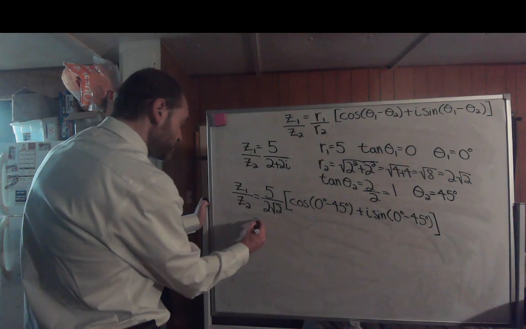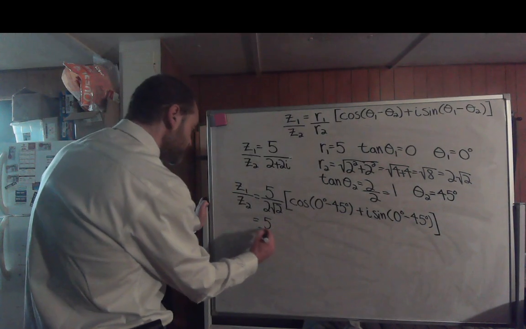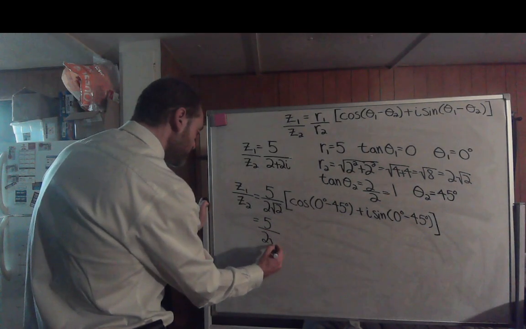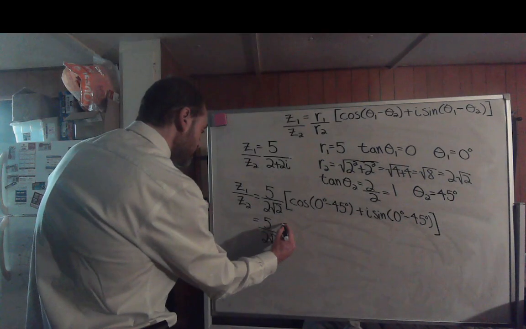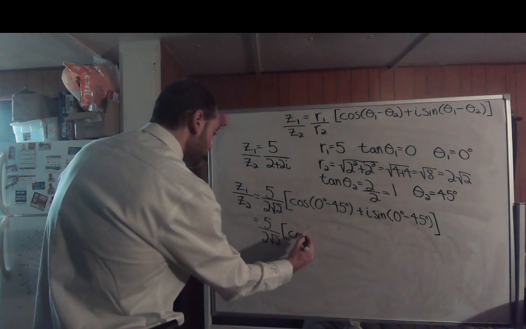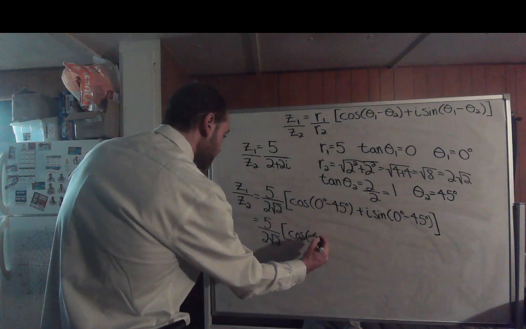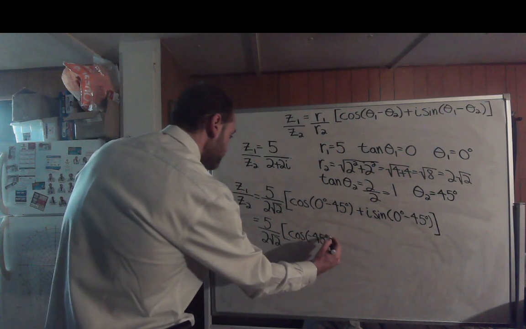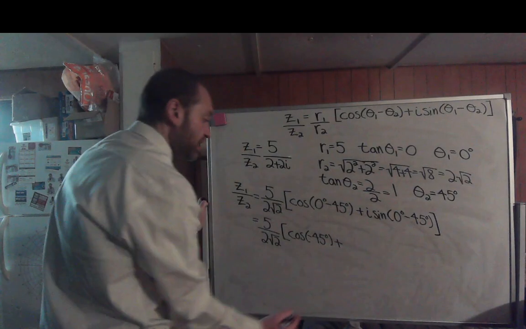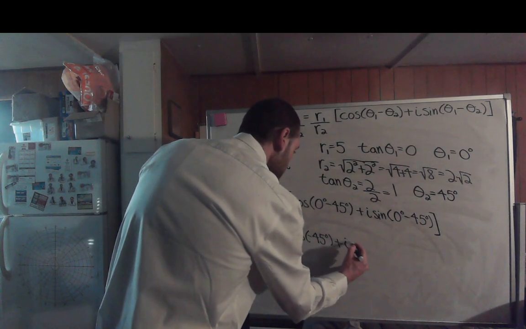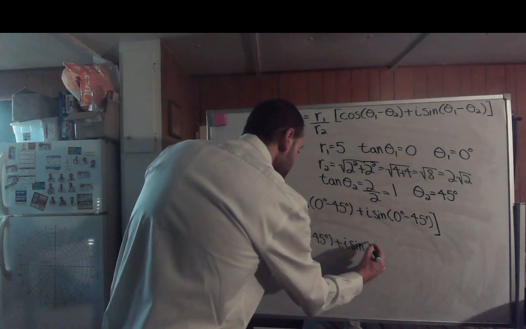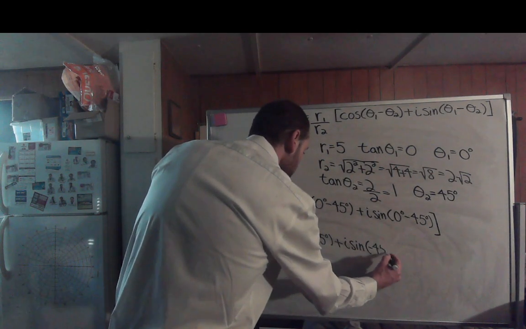So this is going to turn into 5 over 2 times the square root of 2 times the cosine of negative 45 degrees plus i times the sine of negative 45 degrees.